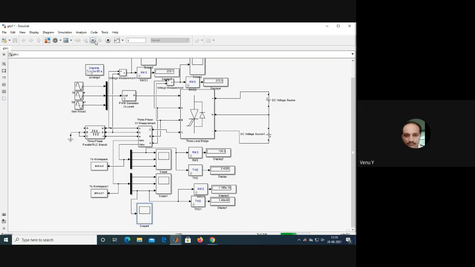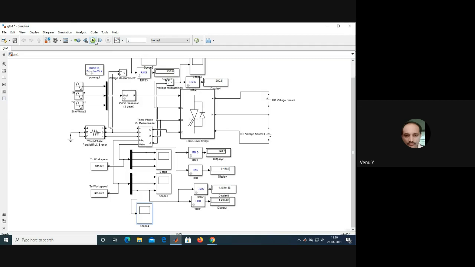So this is the 3-level bridge IGBT based. IGBT is a switch, but here GTO is used instead of IGBT. Previously we have used IGBTs.